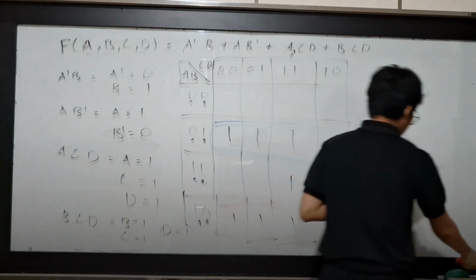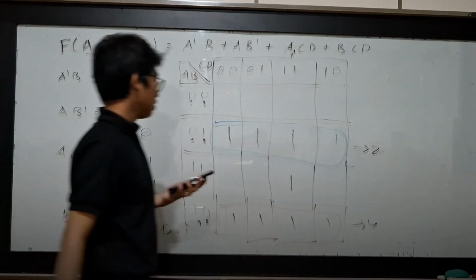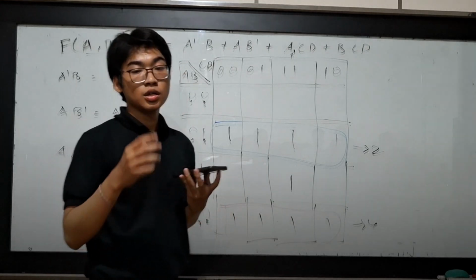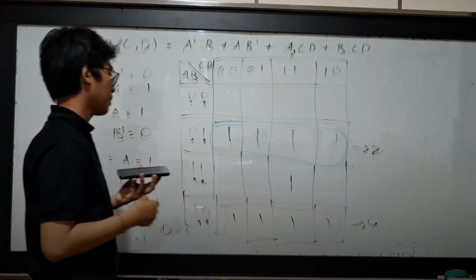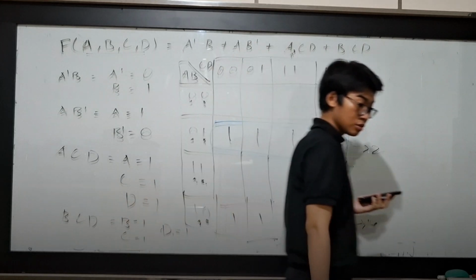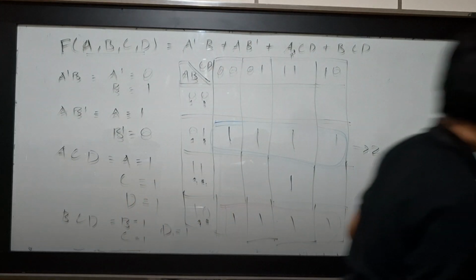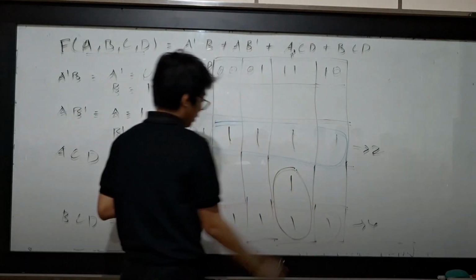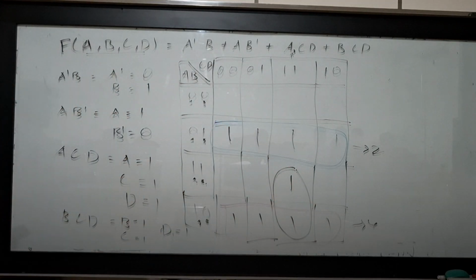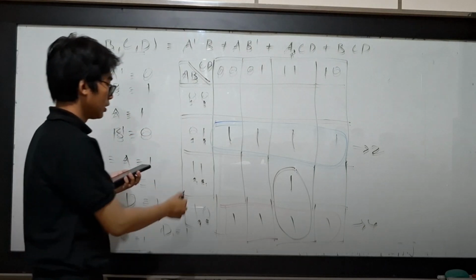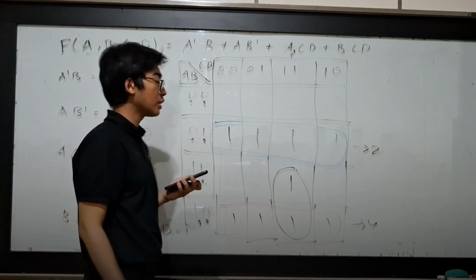Because a block must have at least 2 cells, I'm going to take this and this. So it will be like this. And yeah, this is the block of equation number 2 of the K-map.